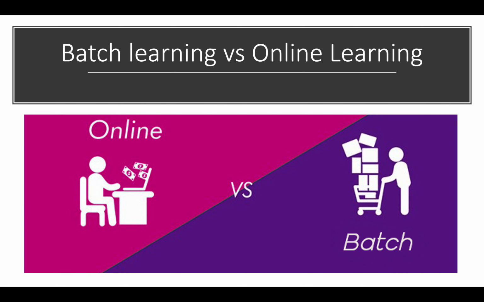So, the second one is the perspective when thinking about the data: batch learning versus online learning. This criterion is used to classify machine learning systems by whether or not the system can learn incrementally from a stream of incoming data.